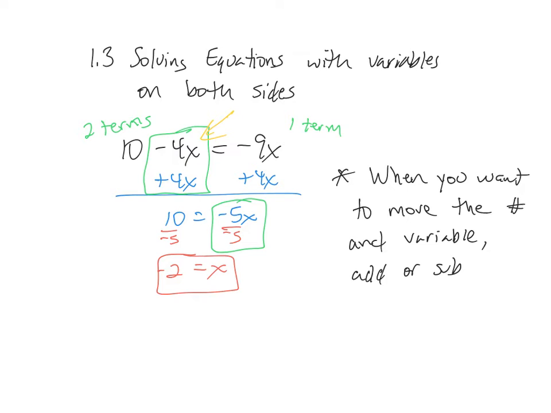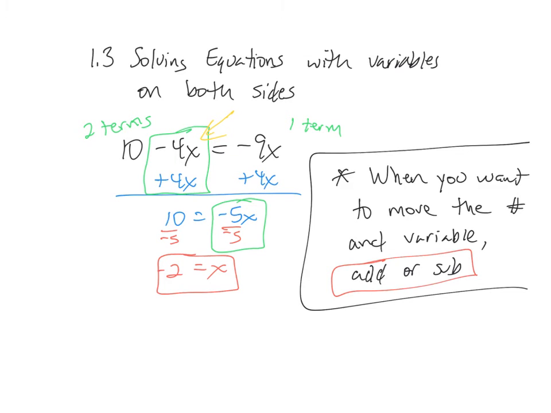It's just the number, you divide by 4 and it ends up being weird. So this is hugely important to remember. When you want to move the number and the variable to the other side of the equal sign, 100% of the time you do it by adding or subtracting.